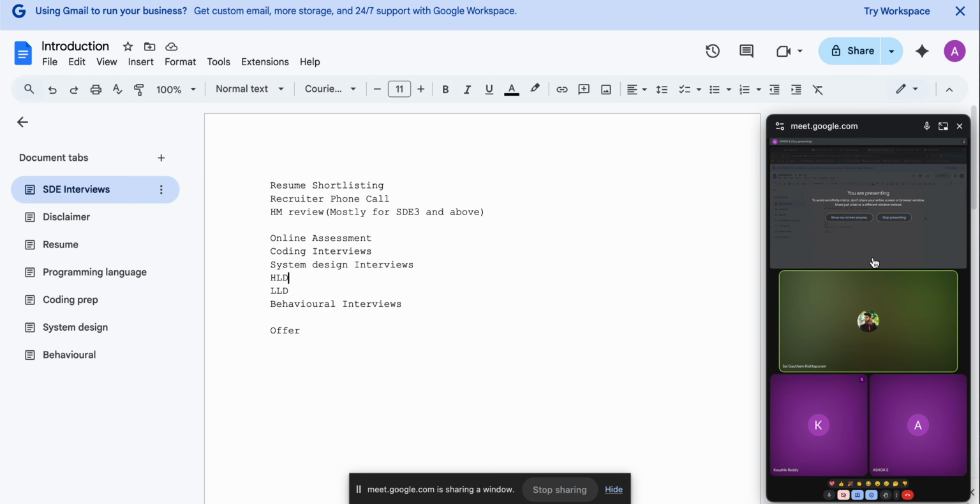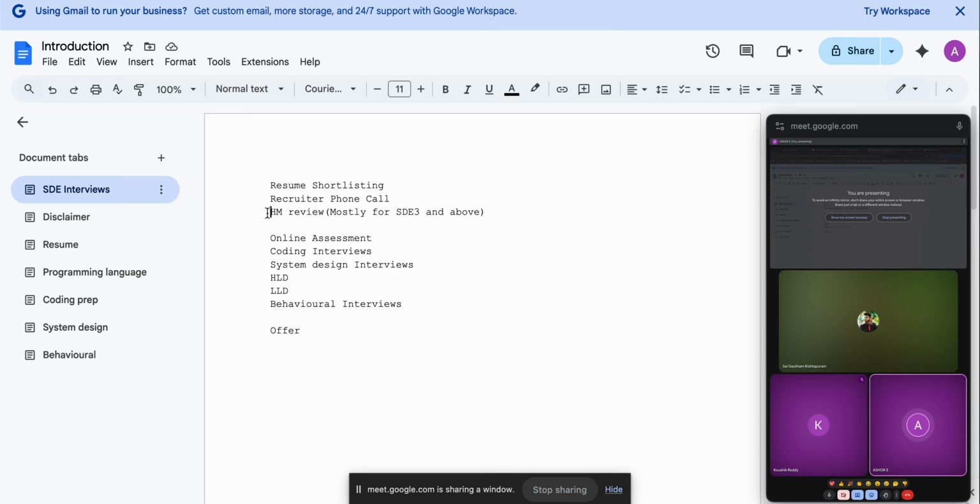So I think you might already know the process. A typical SDE interview has all these steps. First, your resume needs to get shortlisted, and then you will have a quick 15-minute call with the recruiter who will ask you questions about your past experience and then explain the interview process.